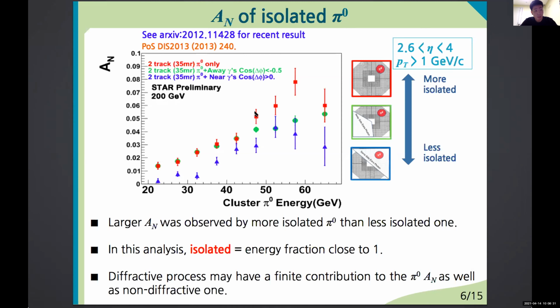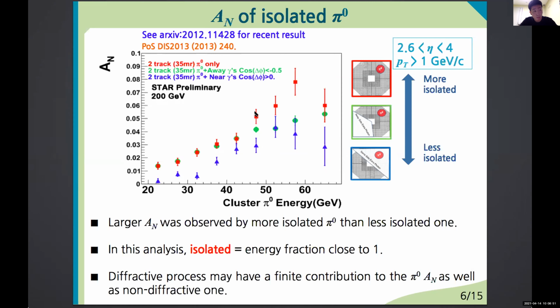This definition is not connected directly to the diffractive process, but larger A_N in more isolated pi0 still gives us a possibility that the diffractive process may have a finite contribution to the pi0 A_N as well as the non-diffractive one.